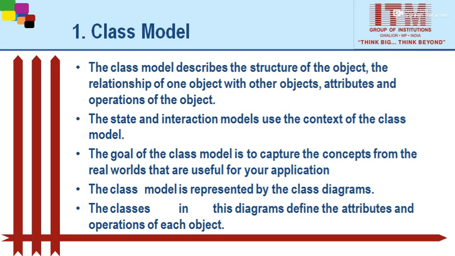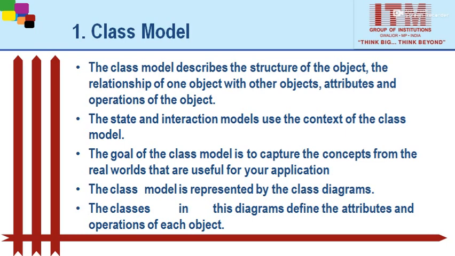The class model describes the structure of the object, the relationship between these objects, their attributes, and most importantly the operations of the object. So as you can see, if you know how to design a class, then while writing a program we can first of all declare, or think about, various objects.